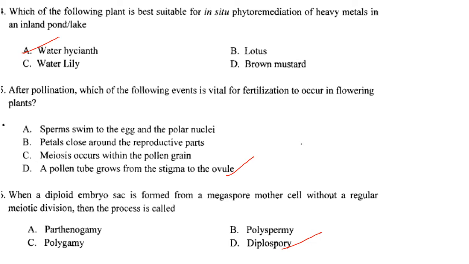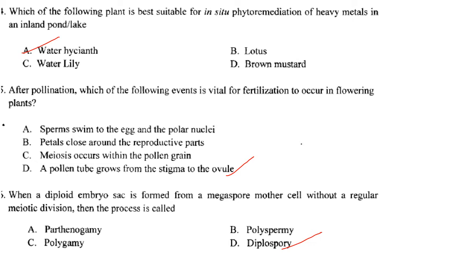Parthenogamy is the union of two incompatible gametes, that is fusion of two female gametes. Then polyspermy is fertilization of an ovum by more than one sperm, and polygamy is the condition of bearing some flowers with stamens and pistils, some flowers with stamens only and some with pistils only, on the same or different plants.